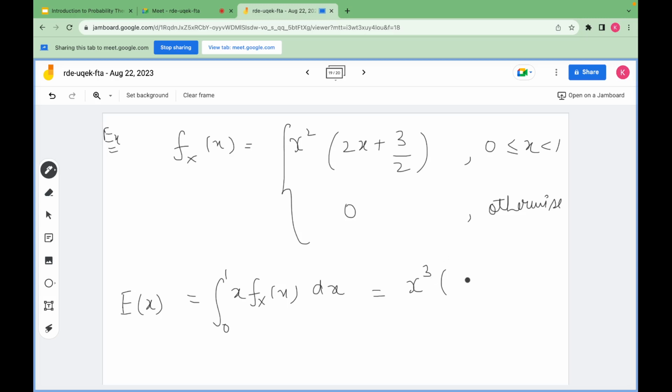So this is x cubed, 2x plus 3 by 2, dx from 0 to 1. So this is 2x to the power 5 by 5 plus 3x to the power 4 by 8 from 0 to 1, and this comes out to be 31 by 40.